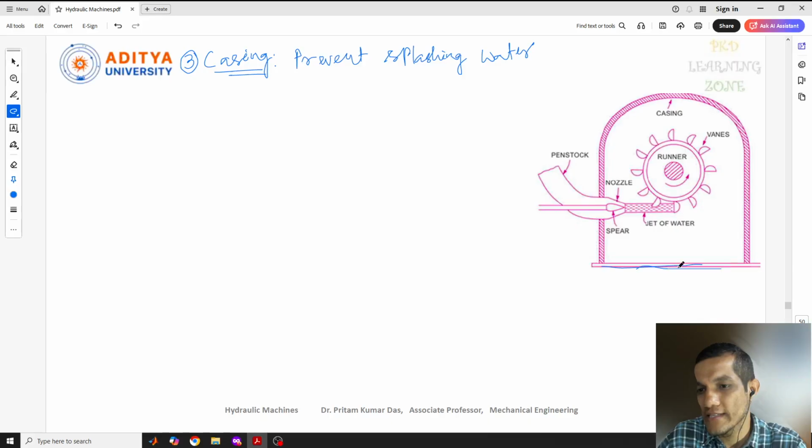Here the tail race is there. At this point the tail race is there. After striking here, the water should not go out. It should stay inside the casing, and it will fall down to the tail race part.